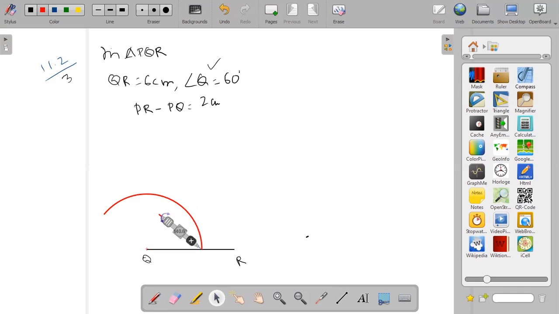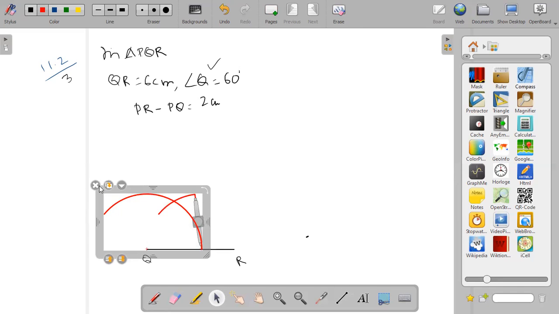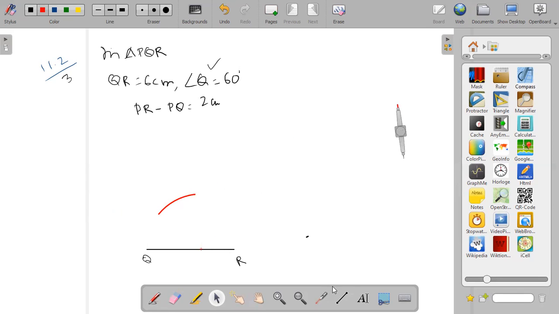Now take this center, intersect the previous arc, and join this line. You will always get 60 degrees. This is 60 degrees.